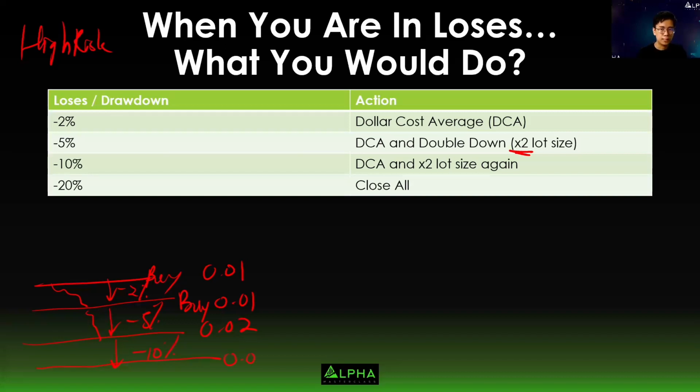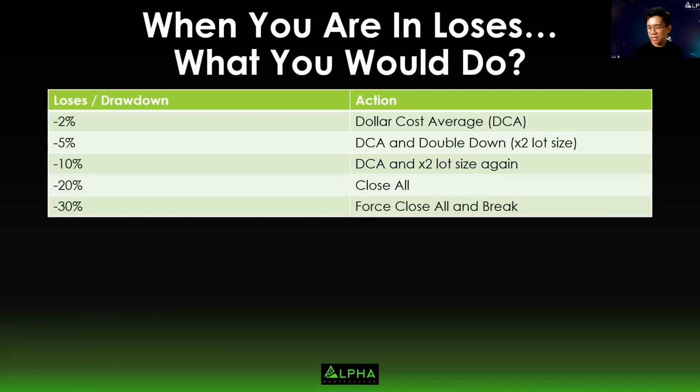Never mind, I buy again with double my lot size. If it goes down again to 20%, what will I do? I will just choose to close all of the trades. Stop trading and just proceed with the next ride. And even if you come to me, I will also say close all.